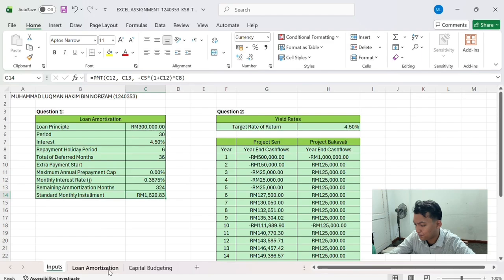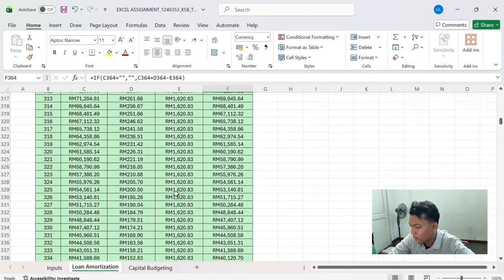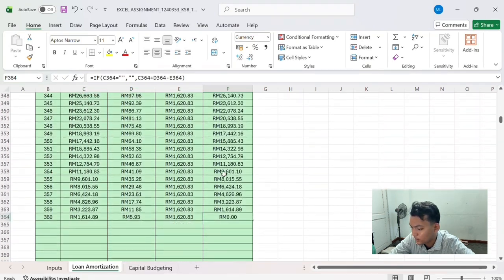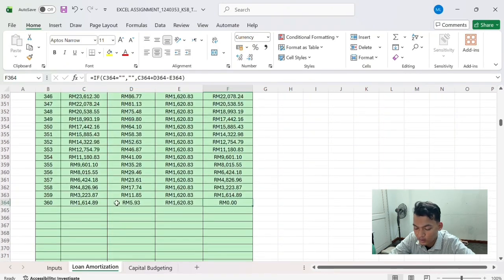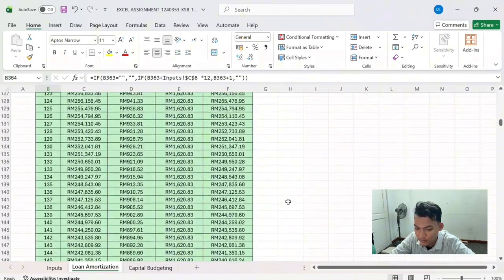For question 2, we need to construct the loan amortization schedule to show the financing arrangement. I've already shown you the loan amortization schedule table.